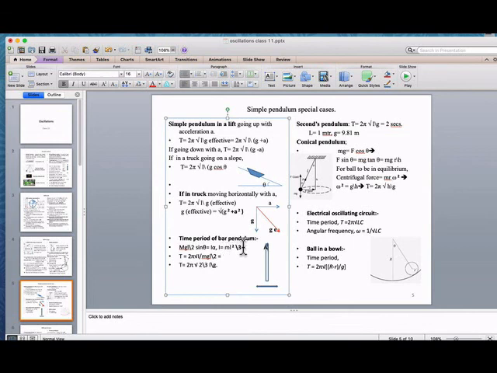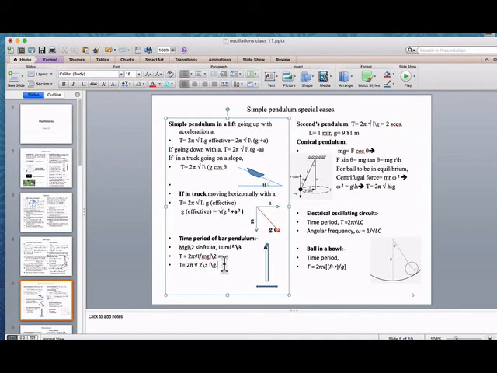So I put ml square by 3 alpha. So the time is 2 pi root (ml square by 3) by (mg l by 2), so 2 pi root 2l by 3g. Okay, 2l by 3g. This 2 comes up, l square goes up, ml square, and 2 by root is correct.